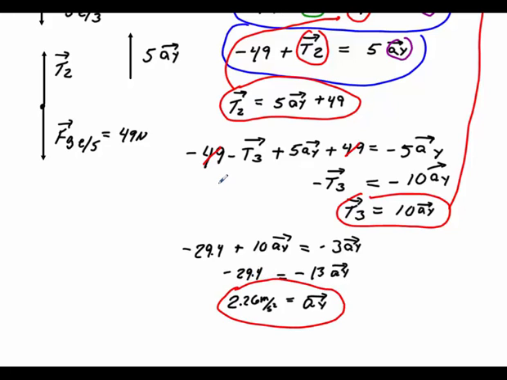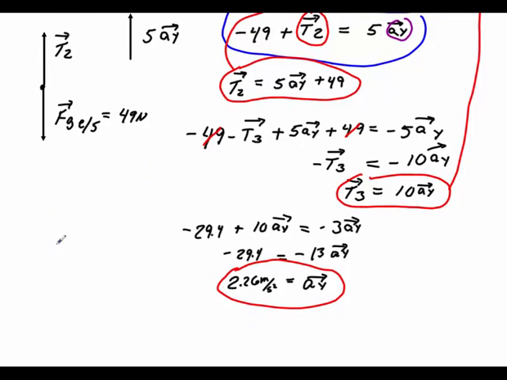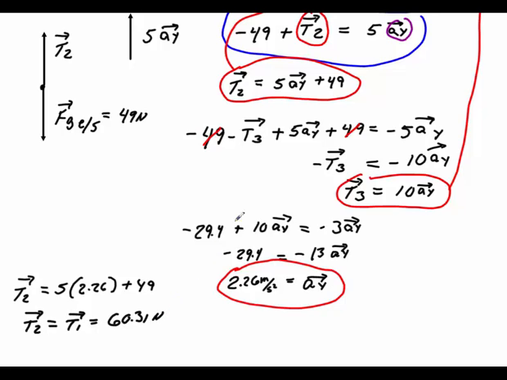So now the tensions are going to be easy. We can come back to T2, use this equation right here, substitute back in what the AY is going to be, and then we're going to get T2 is equal to 5 times 2.26 plus 49. Tension 2, which is going to equal T1, is going to be this value here, and that will give me 60.31 newtons.